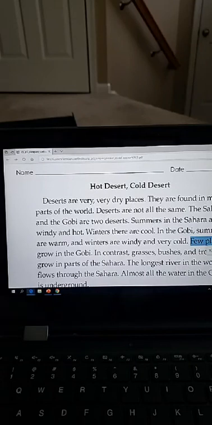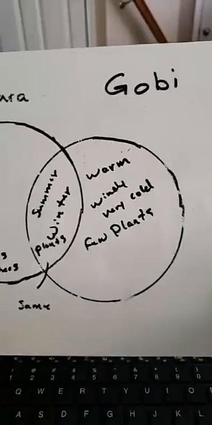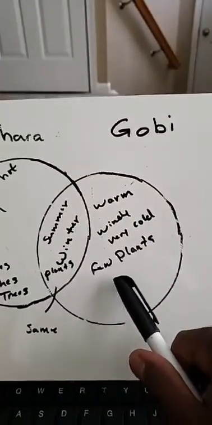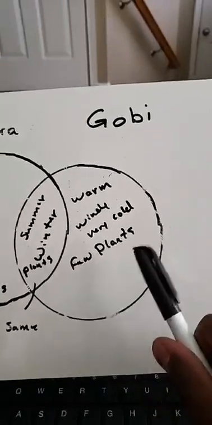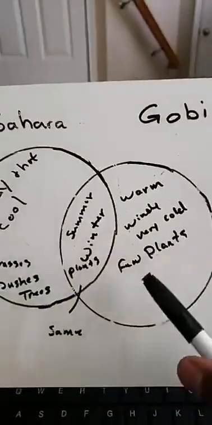So on the side of the Gobi, when we're talking about plants, I wrote few plants, because it says only a few plants grow in the Gobi. So that's what I wrote, few plants.